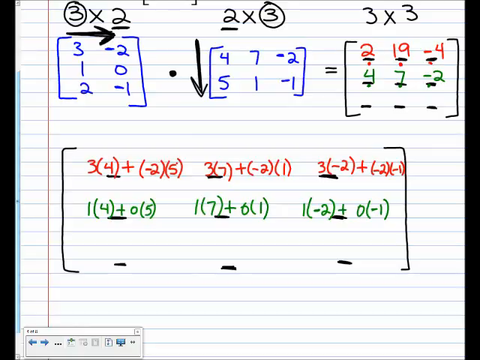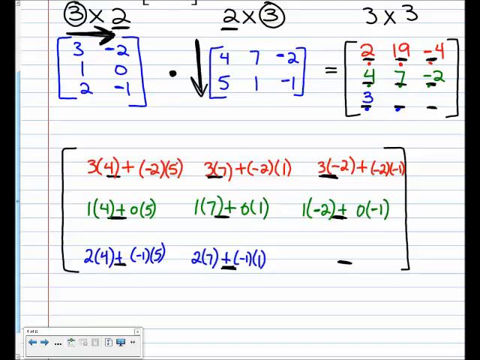Last row, the third row. So I'm moving to the third row, but now back to the first column, because this is third row, first column. So 2 times 4 plus negative 1 times 5. So that's 8 plus negative 5, which is 3. All right? Still in the third row, but now to the second column. So 2 times 7 plus negative 1 times 1.